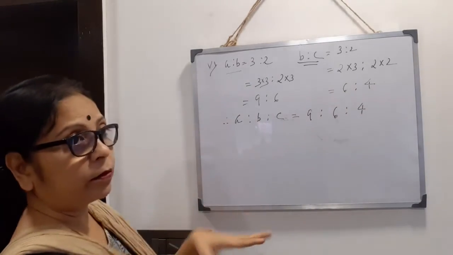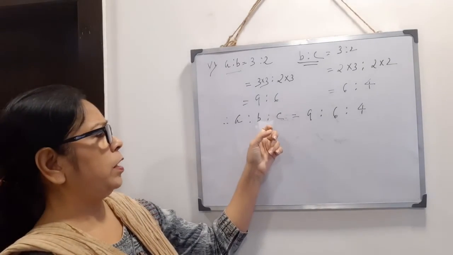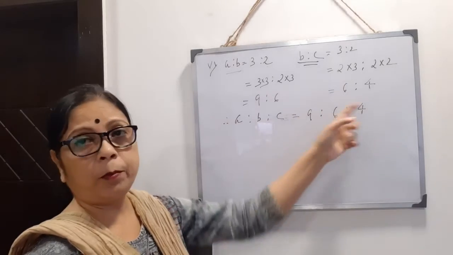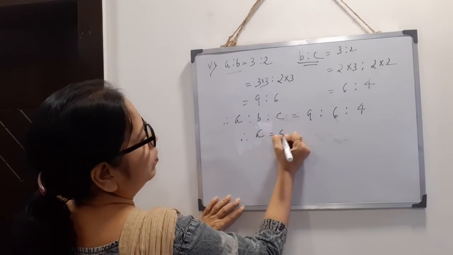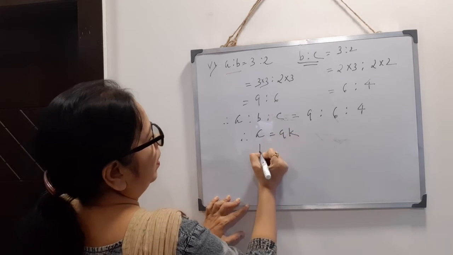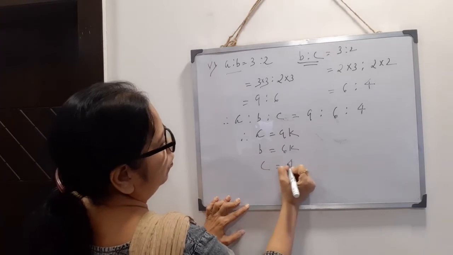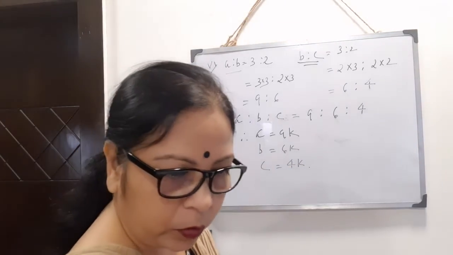So from here similarly we let a is to b is to c, means a by 9 equals b by 6 equals c by 4 equals k. Therefore from here we can write a equals 9k, b equals 6k and c equals 4k. Clear?